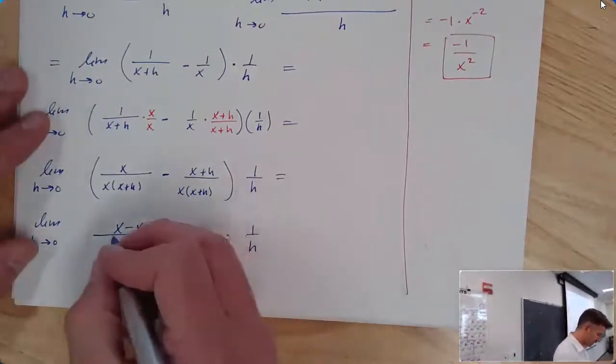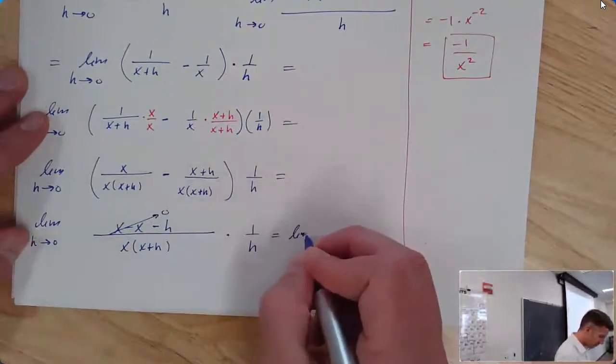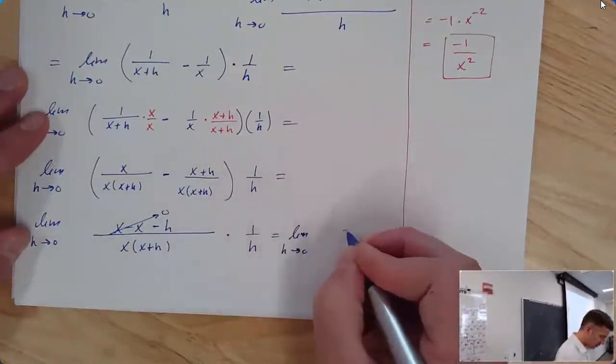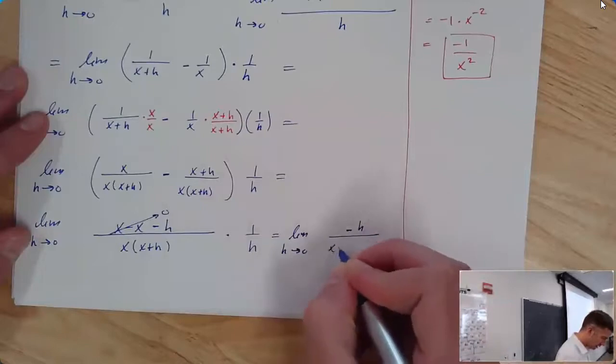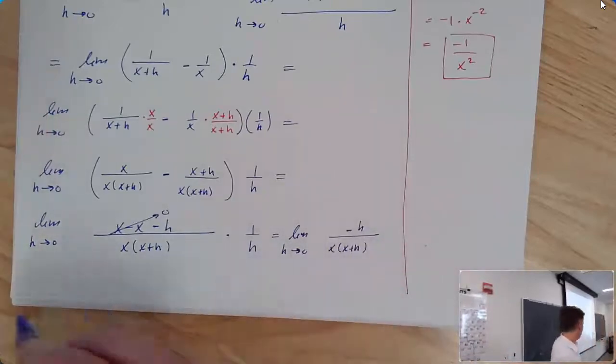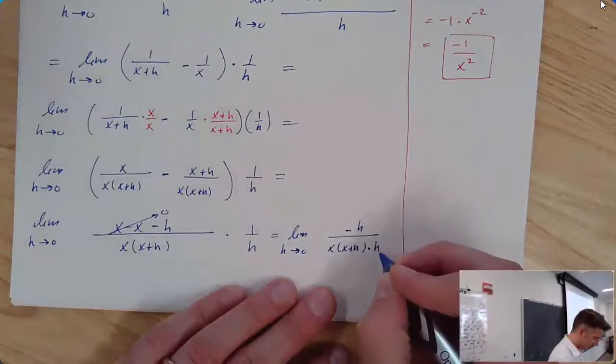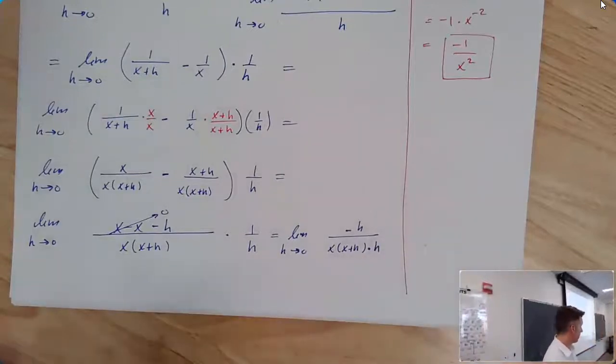So x minus x is 0. So I'm left with the limit as h goes to 0 of minus h over x times x plus h. You could still say times 1 over h, or you could just put the h in the denominator we already have. Either way, it's fine.